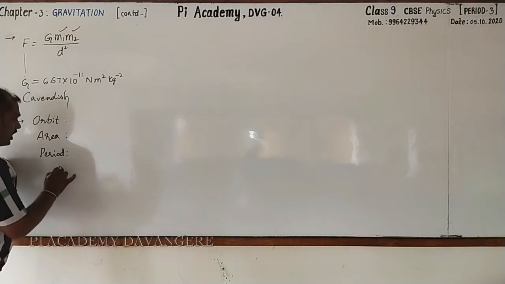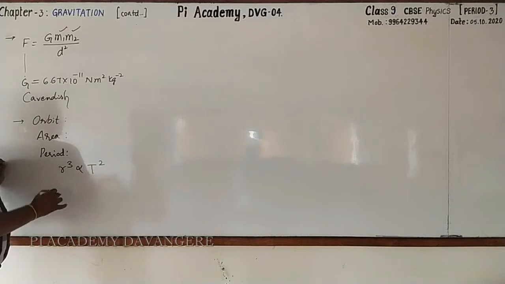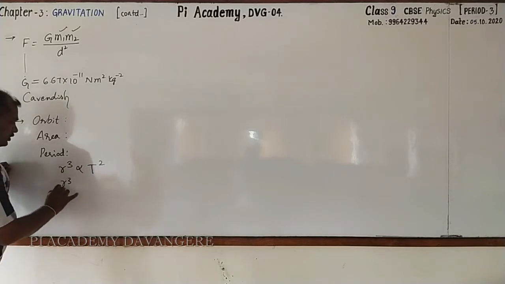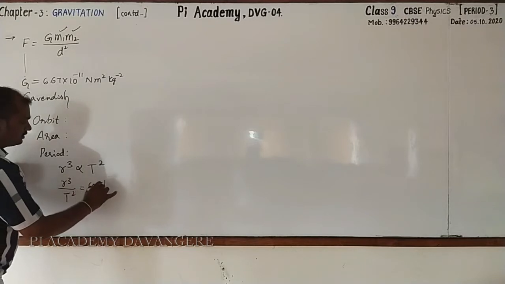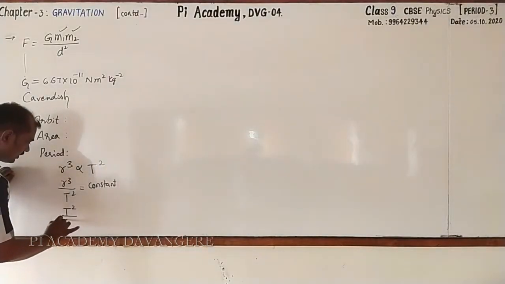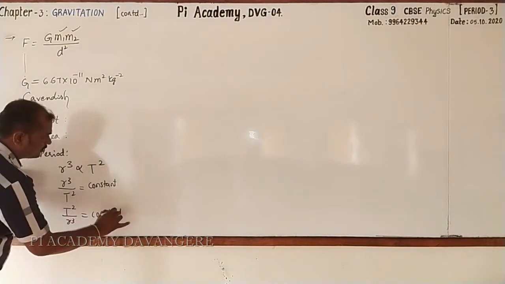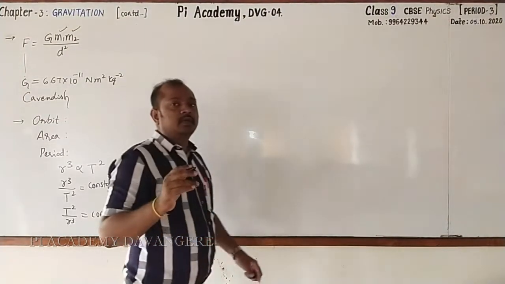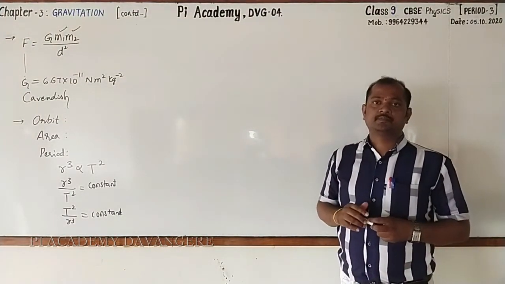It is r cube is directly proportional to t square. This can also be written as r cube by t square is equal to a constant. Even this can be written as t square by r cube is equal to a constant. Followed? Okay, now let's continue today's concept.